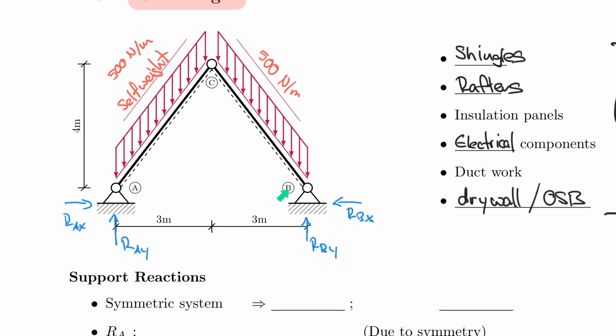But what's important for us here, for the first non-orthogonal frame that we look at, is that it's also a symmetric system. And in fact, it's a very easy symmetric system because it has a triangle of 3, 4, and 5. So the length along that beam is actually 5 meters, right? So we have 5 meters here.